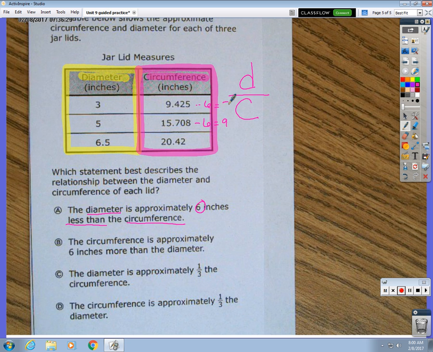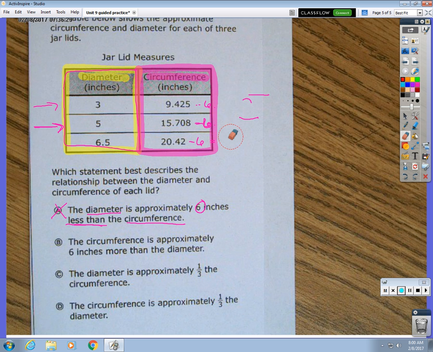These are all approximate. And if we subtract 6 from 20.42, we're going to get about 14. On the first one, the diameter is about 6 inches less. But on the second lid, if we subtract 6, we get 9, and the diameter here is not 9, it's 5. So this is a false statement.